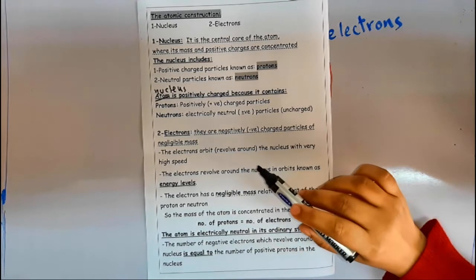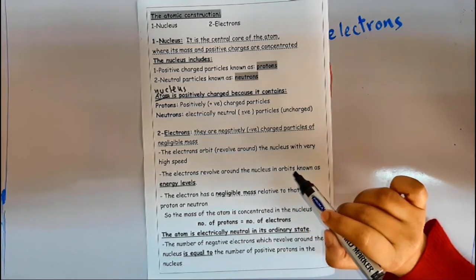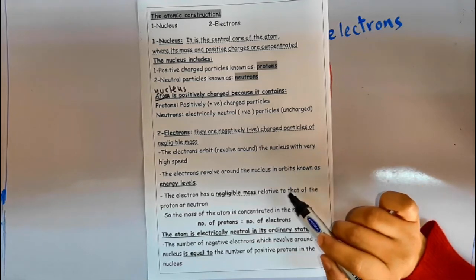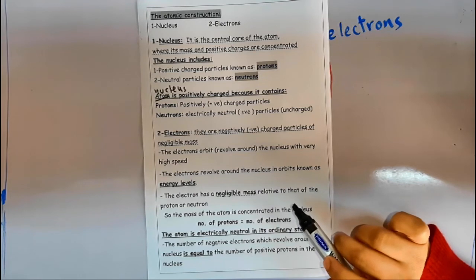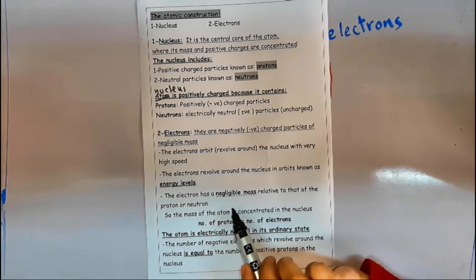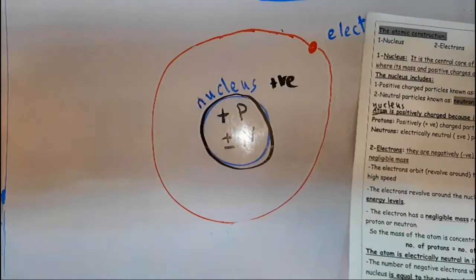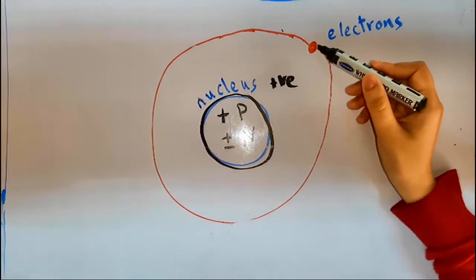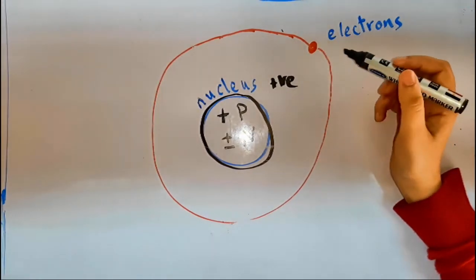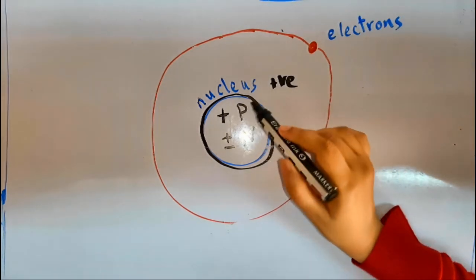The electrons revolve around or orbit the nucleus with very high speed, in orbits known as energy levels. The electrons have negligible mass relative to the protons and the neutrons.